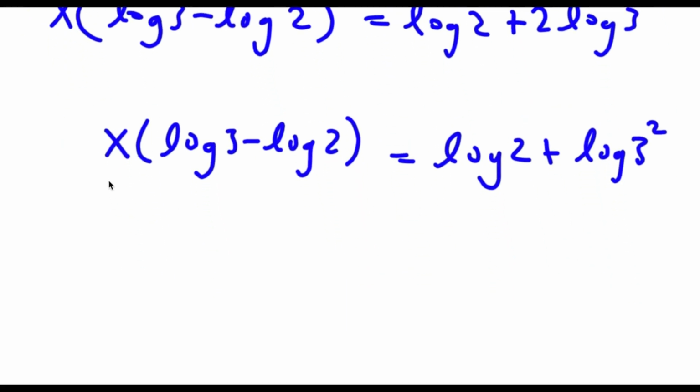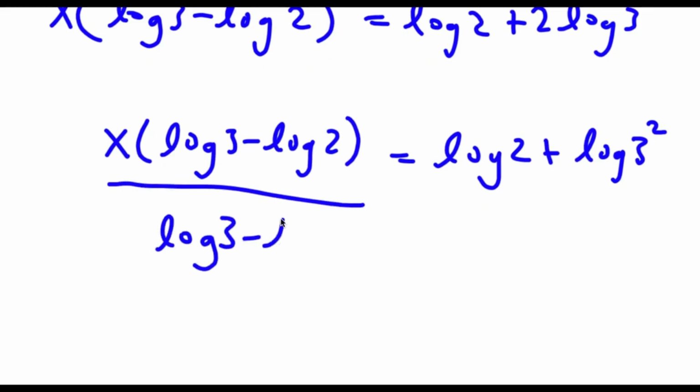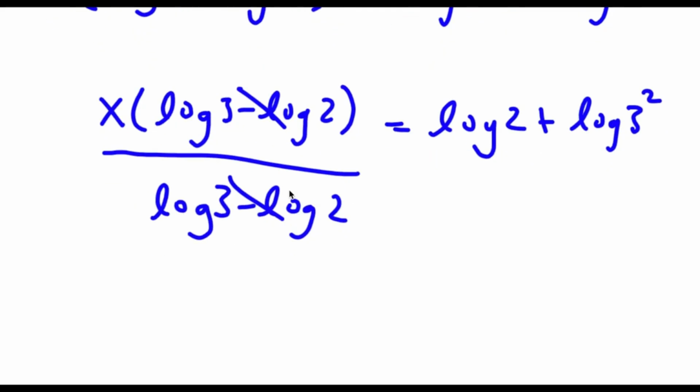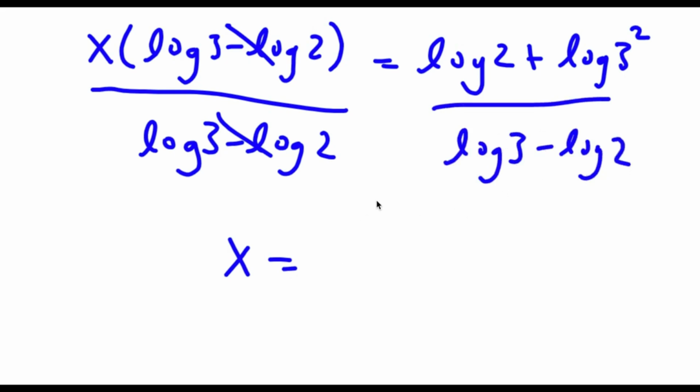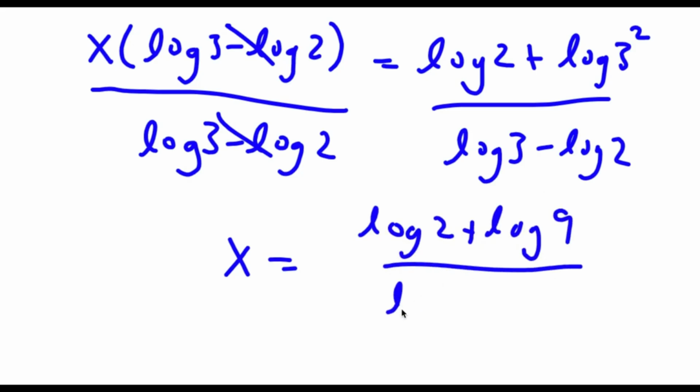Now if I divide both sides by log 3 minus log 2, these two cancel out, and I'm left with x equals (log 2 plus log 9, since 3 squared is 9) over (log 3 minus log 2).